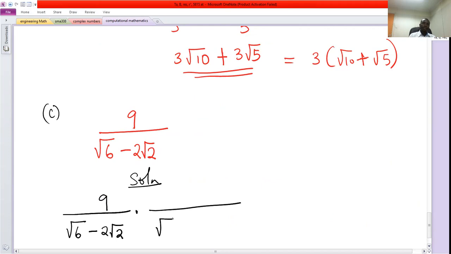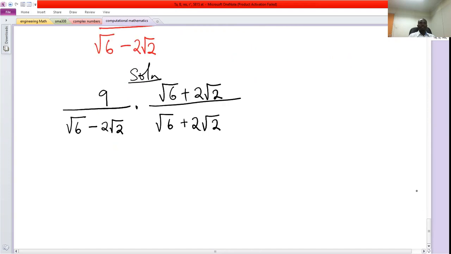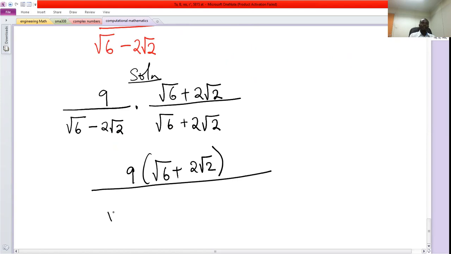The conjugate of this will be root 6 plus 2 root 2. So we'll have 9 into root 6 plus 2 root 2, divided by root 6 minus 2 root 2 into root 6 plus 2 root 2.